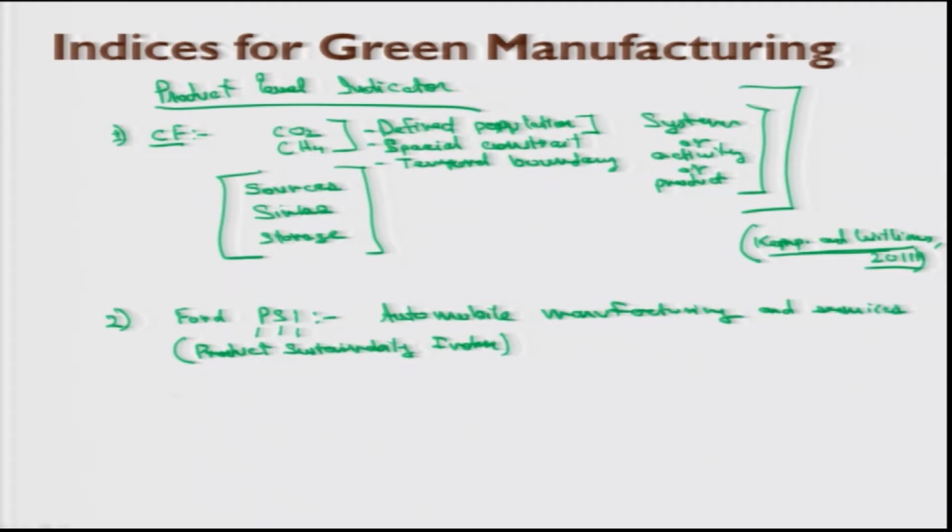PSI predominantly looked at 8 different variables across the 3 pillars, that is environmental, economic and social, you can even say societal as well here.